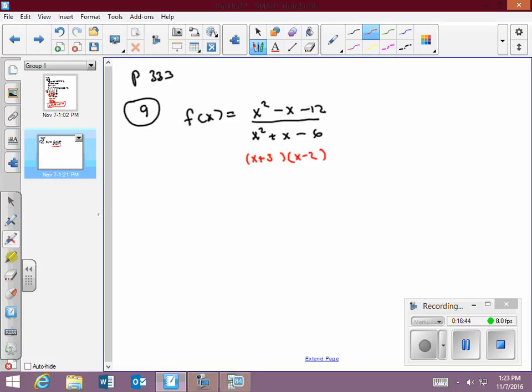Is that right? Okay. Then the numerator, how does it factor? Is it x minus 4 and what? x plus 3.